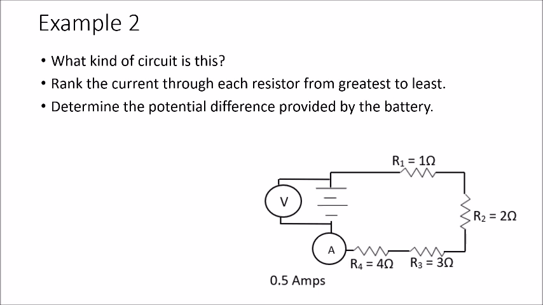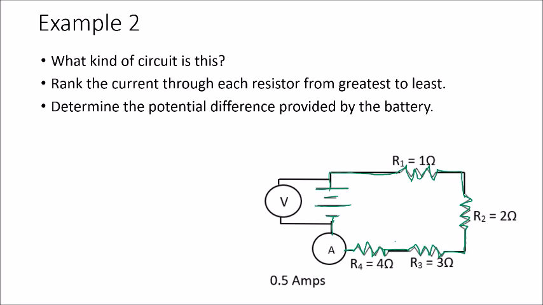What kind of circuit is this? Some students will get confused by the voltmeter and the ammeter, but the important part of this circuit is what I'm highlighting in green. Voltmeters and ammeters are measuring devices.